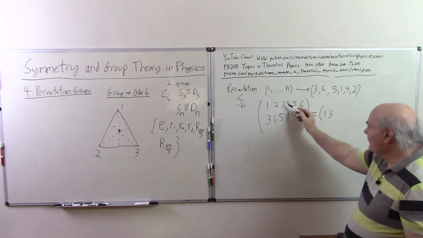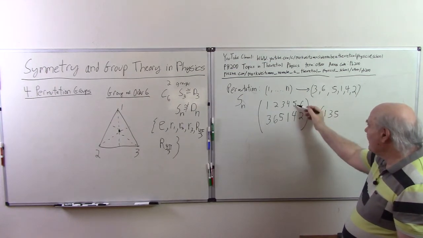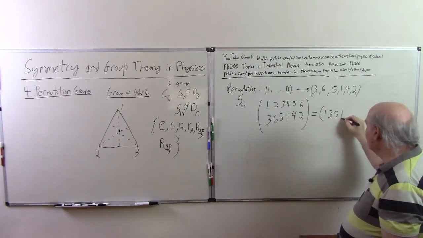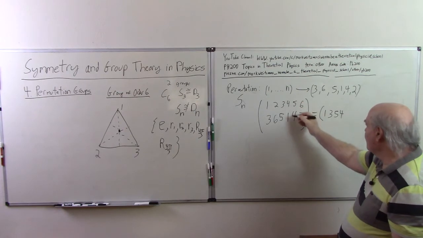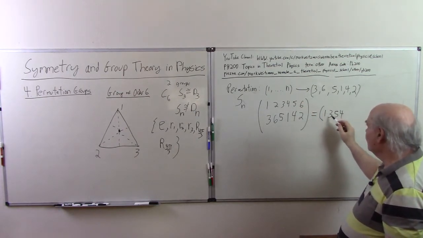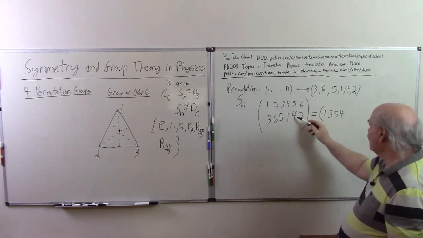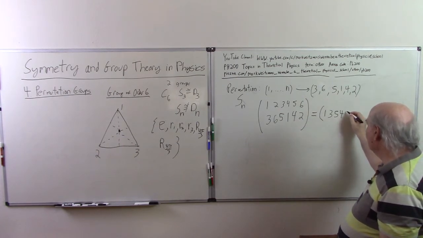Then we look at where 3 goes to. 3 goes to 5. Then 5 goes to 4. And then 4 goes to 1.